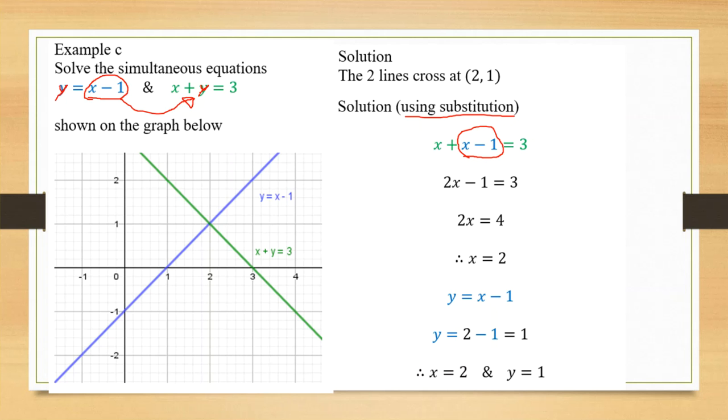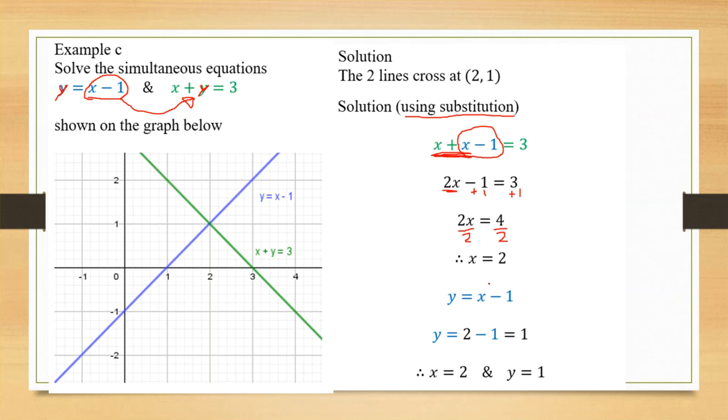So we're replacing this y with the thing that y equals over here. And then we collect like terms. X plus x is 2x. Minus 1 equals 3. Add 1 to both sides. We get 2x equals 4. Divide by 2. So x equals 2.